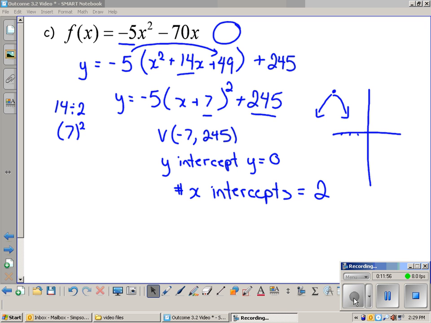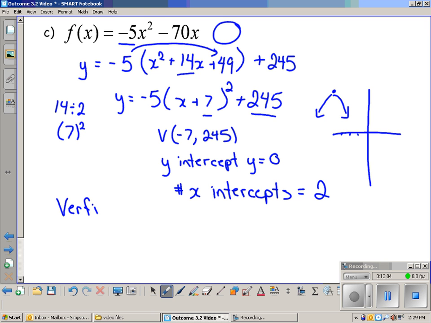You may be asked to verify your solution. If I want to verify this solution, what I would like to do is to expand our answer. So we have determined that the vertex form is y equals negative 5 x plus 7 squared plus 245.